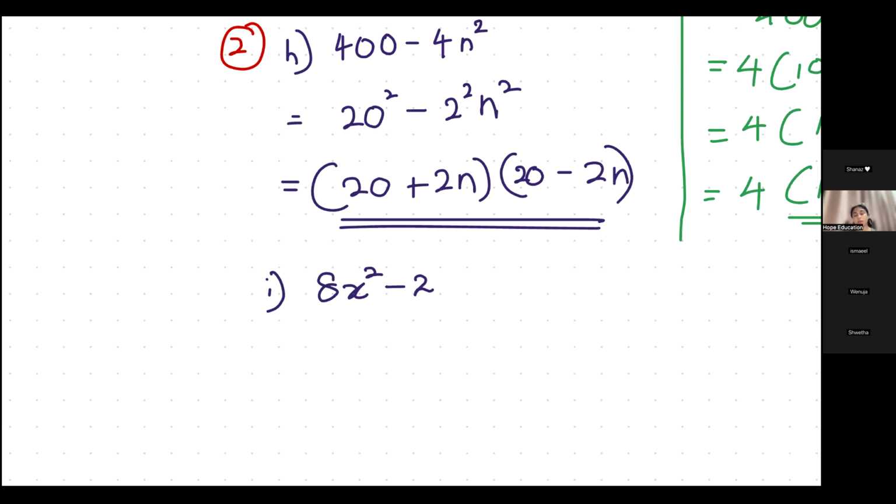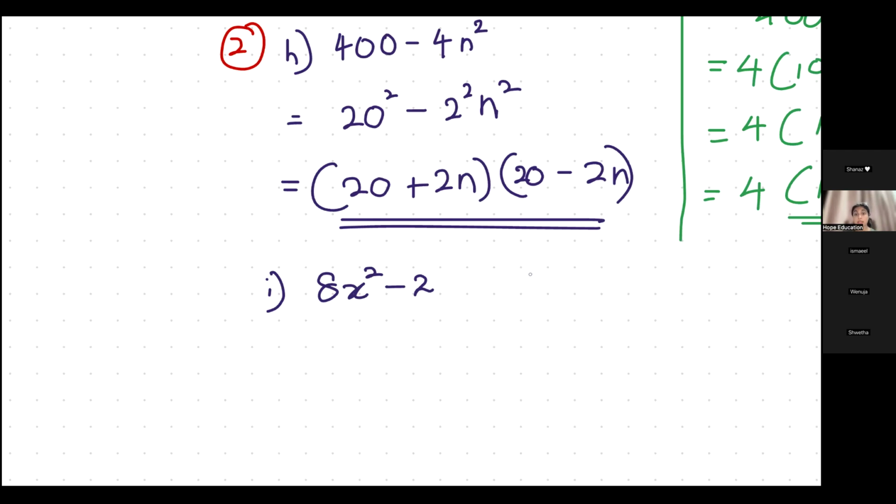Is there any number that when you square it, you get 2? No. In our perfect squares, 2 is not a perfect square. So 8 is not a perfect square. X squared is a perfect square, but 2 again is not a perfect square.